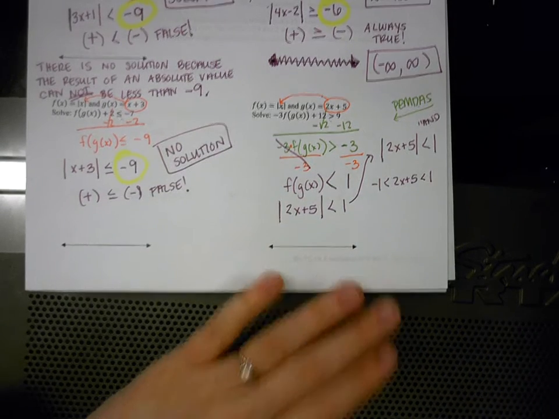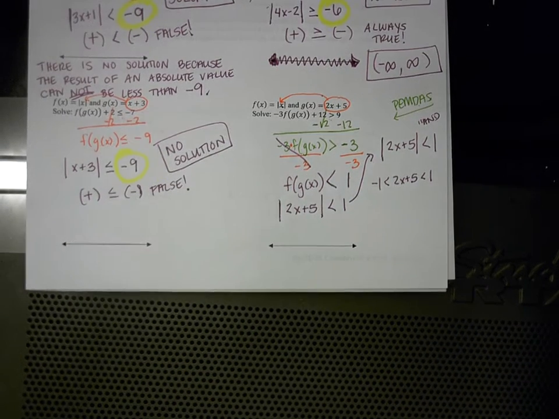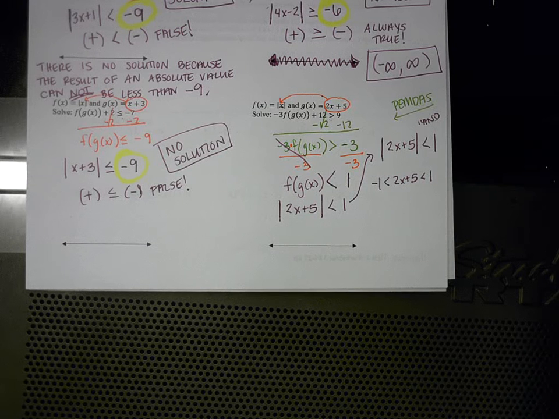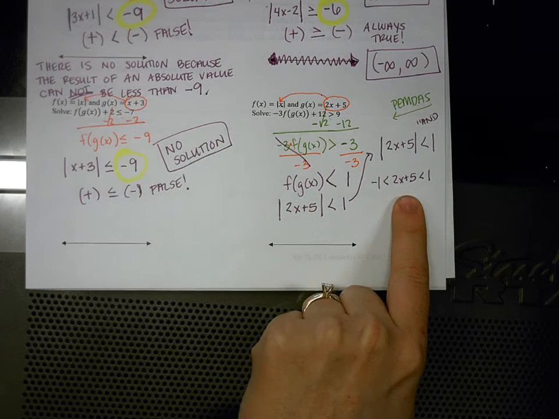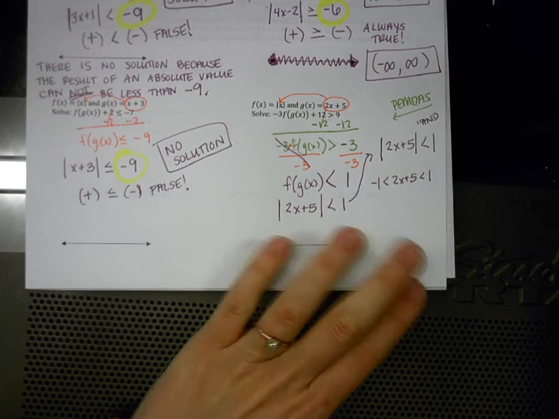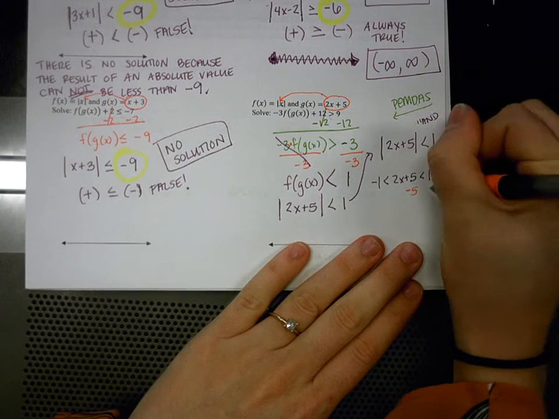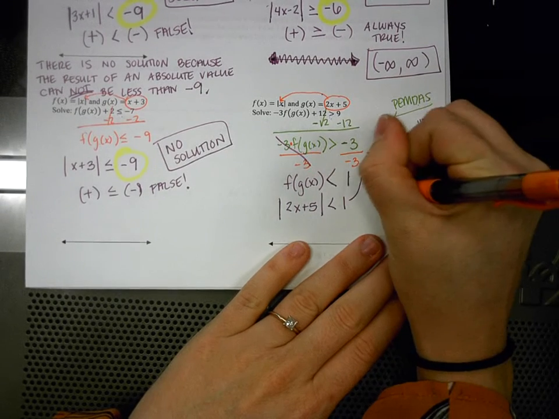How do I start solving for x? What should I do? We're right here. Subtract 5 from not just two sides, but all three pieces of our inequality.